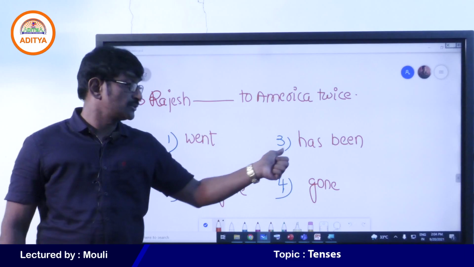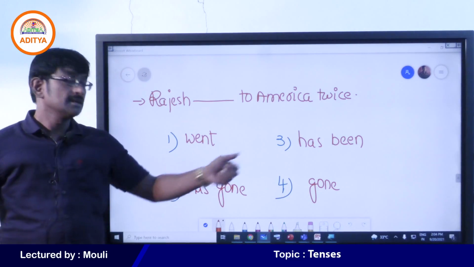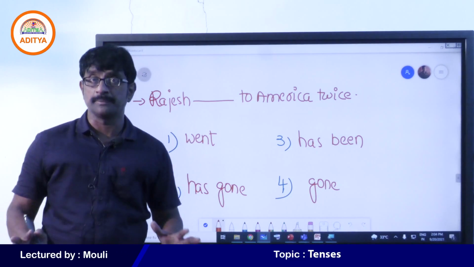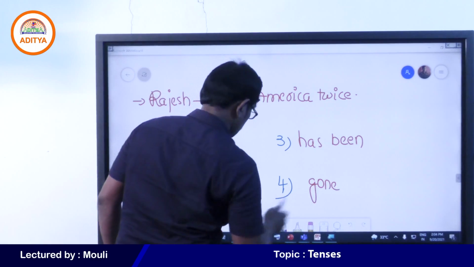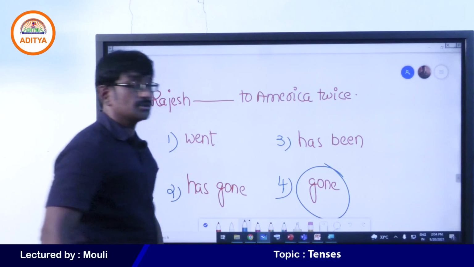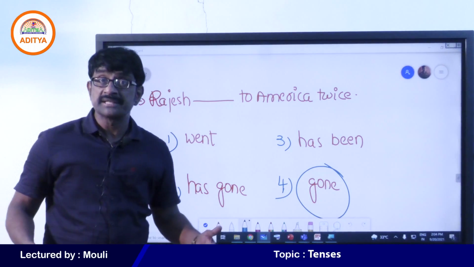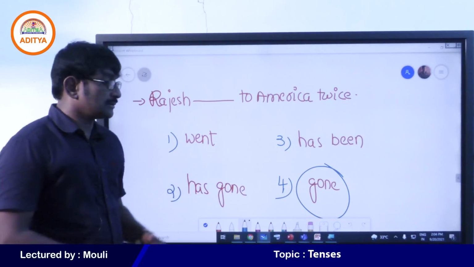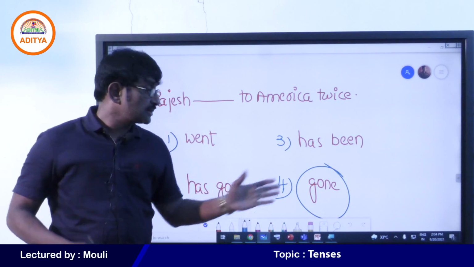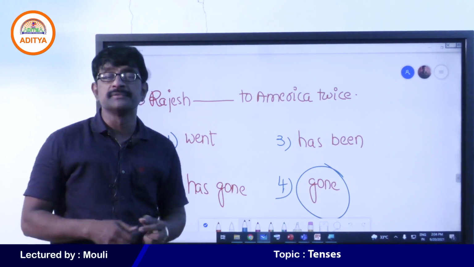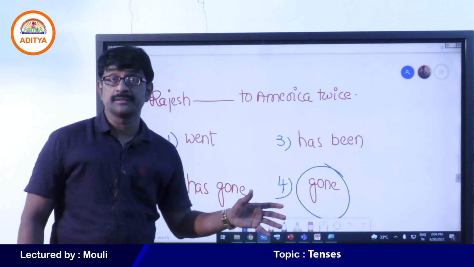Without a helping verb, they do not work. So gone is a mistake there. Gone is alone there. We cannot make one single word a verb here.